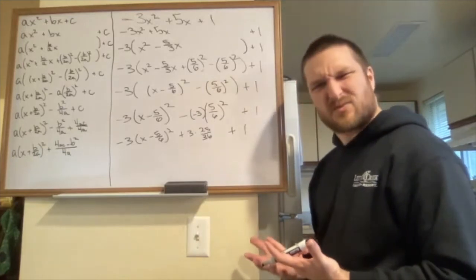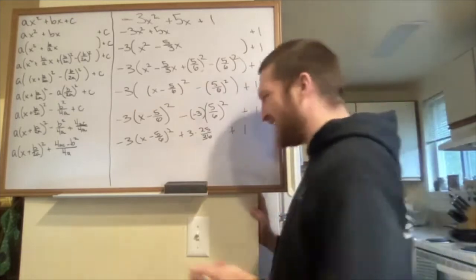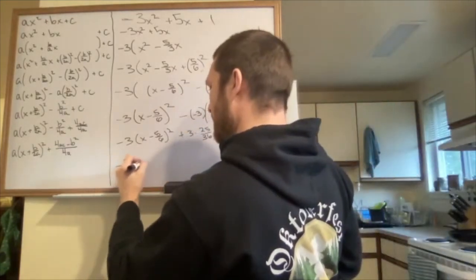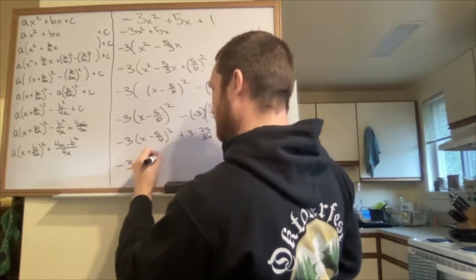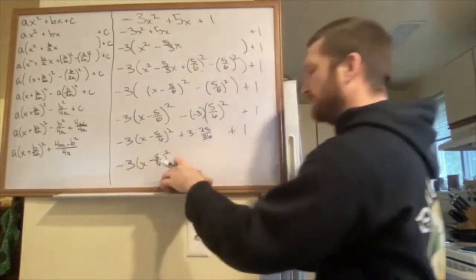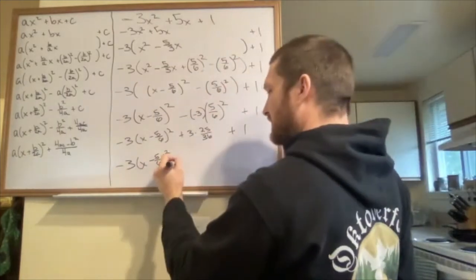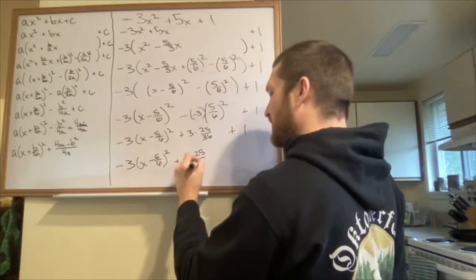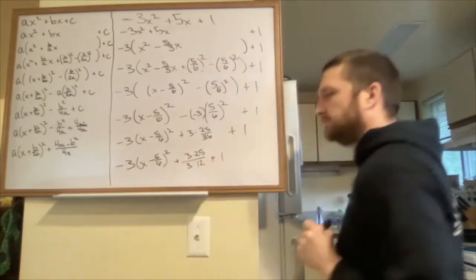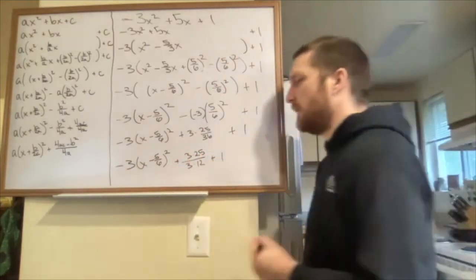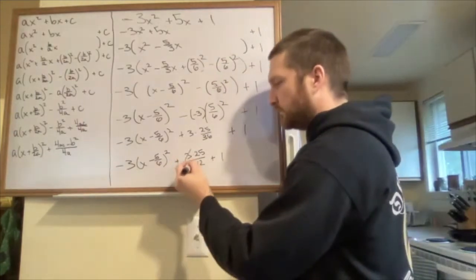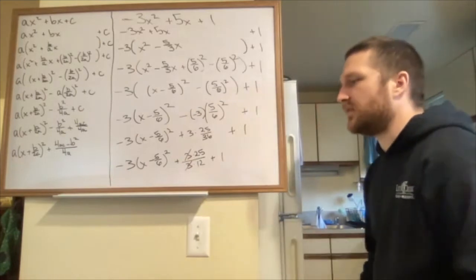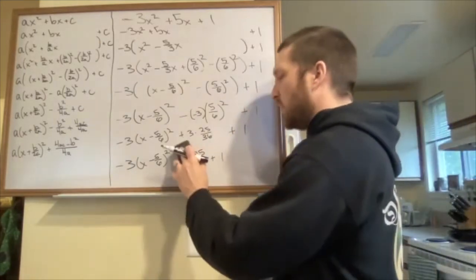Is it? Yeah, that sounds right. So 3 times 12. Thank you. So minus 3 times x minus 5/6 squared plus, I'm just going to do it like this, 3 times 25 over 3 times 12, like that. 3's cancel. And so I have plus 25/12 plus 1.